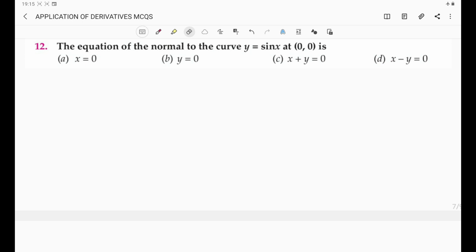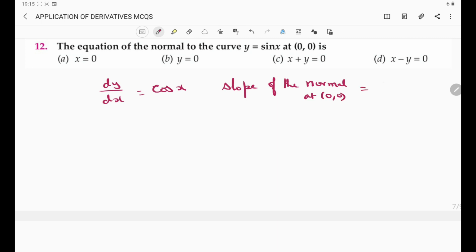Question number 12. The equation of the normal to the curve y is equal to sin x at 0 comma 0, that is at origin. So let's find dy/dx. dy/dx is equal to cos x, and the slope of the normal at origin is minus 1 by dy/dx at origin, which is equal to minus 1 by cos 0, which is equal to minus 1.